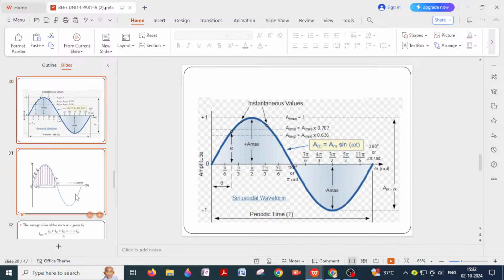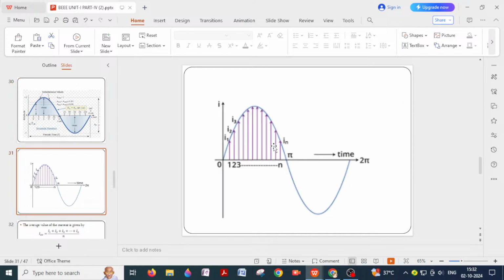Now to understand it more clearly, let us see this waveform. It's a symmetrical waveform, because the positive half cycle and negative half cycle are symmetrical to one another. Therefore I have considered only the positive half cycle here.